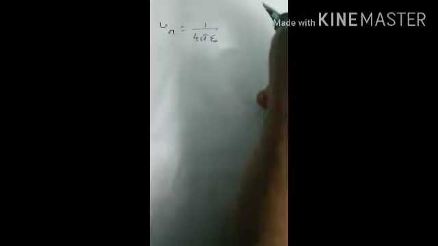So the potential energy of the electron in the nth orbit, Un, is equal to 1 by 4 pi epsilon naught, Ze times the electron charge minus e, divided by Rn. It will be equal to minus 1 by 4 pi epsilon naught Ze squared divided by Rn.